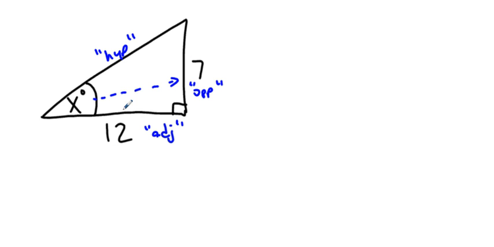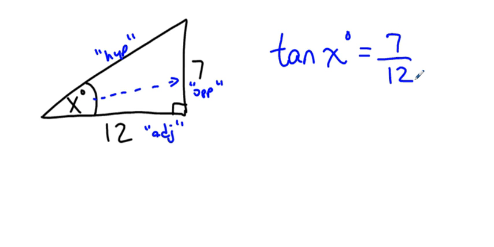So if I've got opposite and adjacent, that's a tangent problem. Can't write a trig function without an angle, so that's tangent of x degrees, and opposite over adjacent.